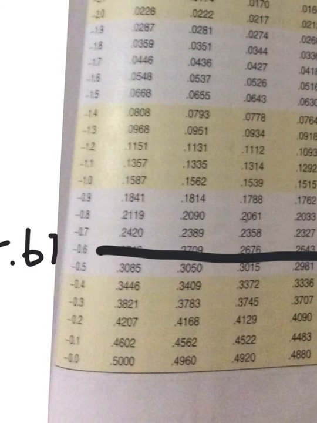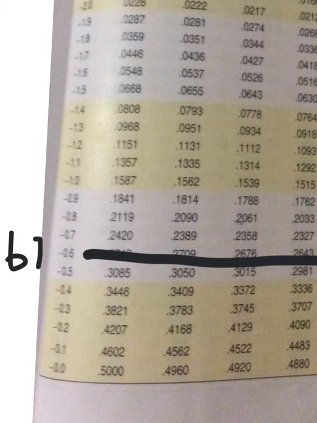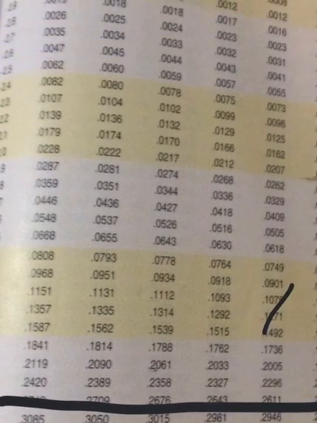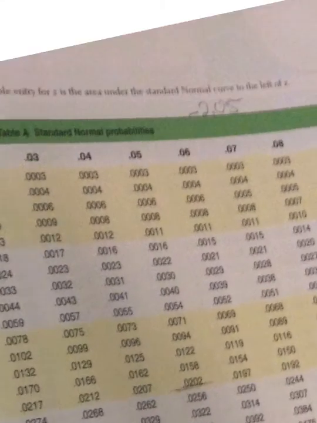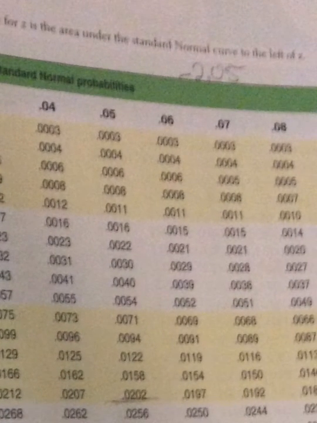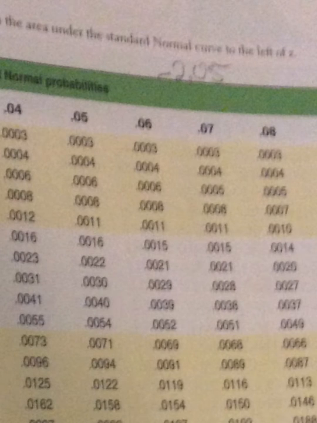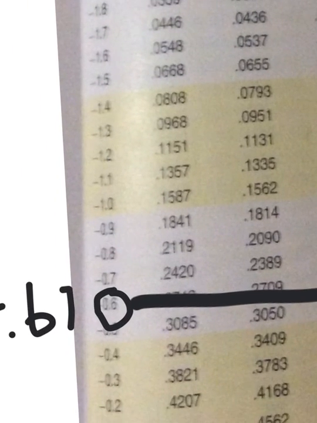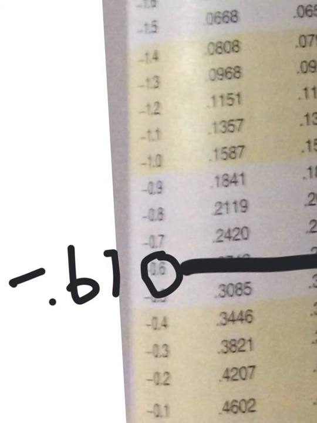Negative 0.6, plus 0.07, not 0.607. Negative 0.67.